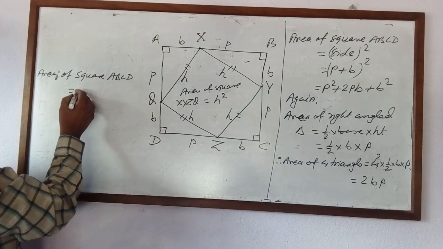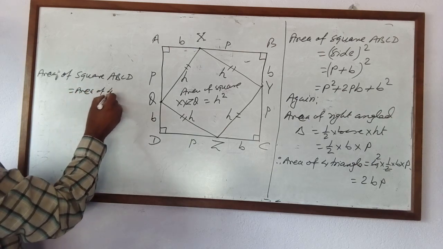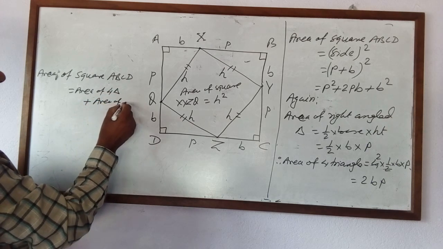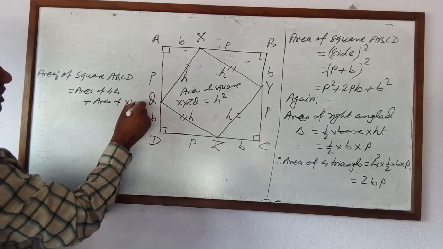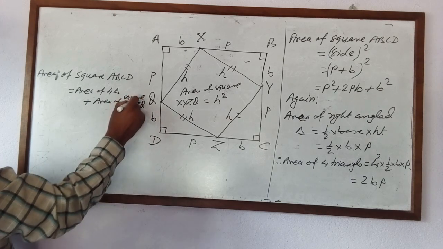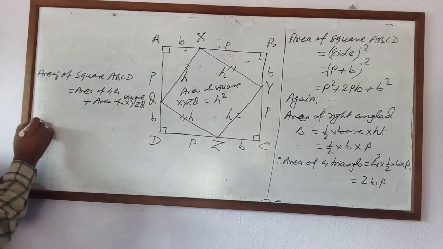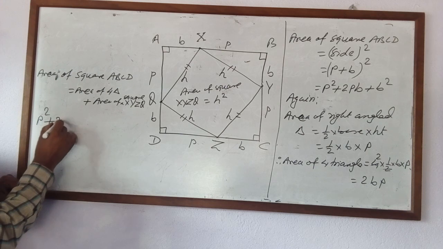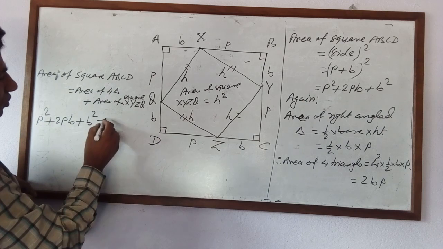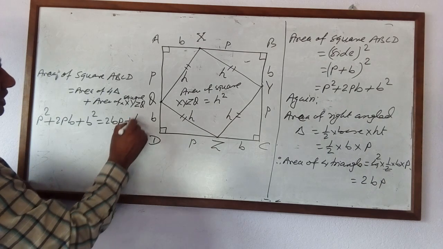Now the area of ABCD equals the area of 4 triangles plus the area of square XYZQ. The area of square ABCD equals P square plus 2PB plus B square, the area of the triangles equals 2BP, and the area of this square is H square.